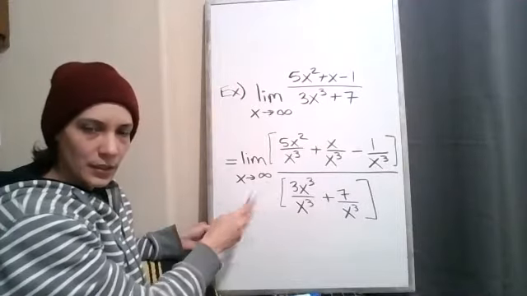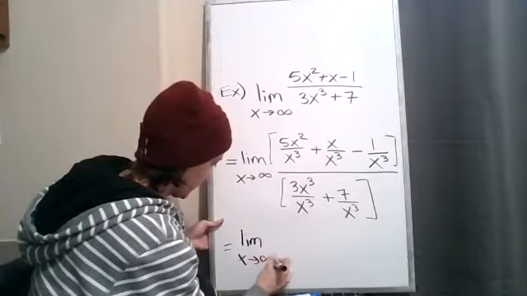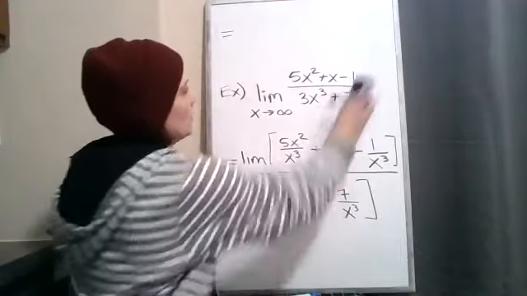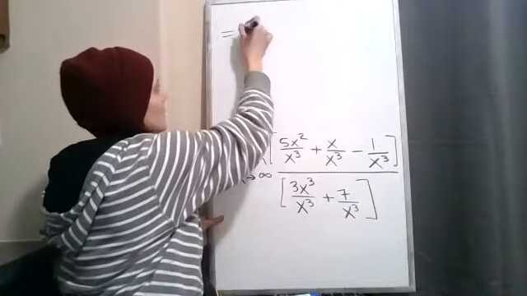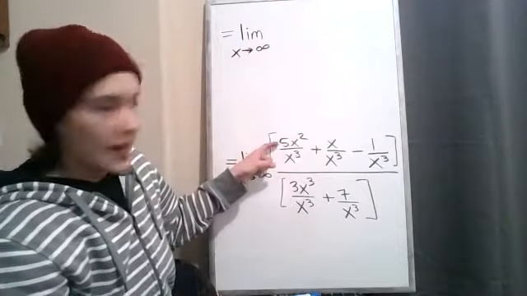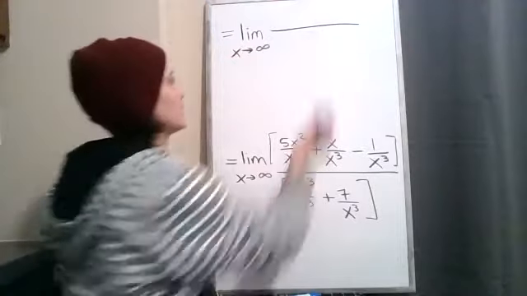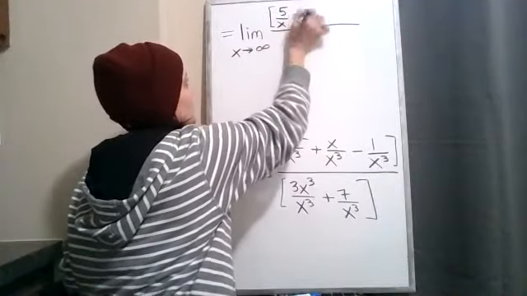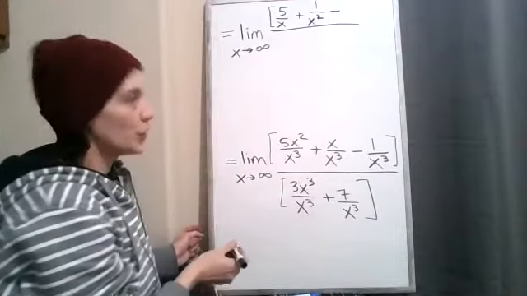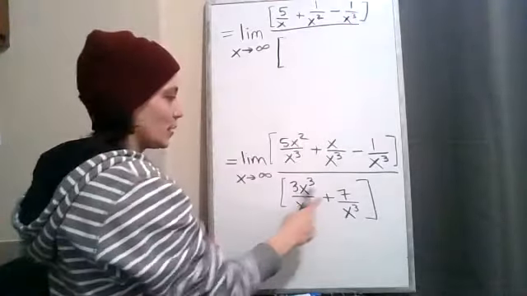All right, let's reduce some stuff. So we'll have 5 over x plus 1 over x squared, and then subtract 1 over x cubed. All right, 3 plus 7 over x cubed.